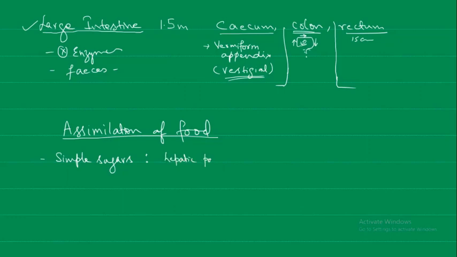The hepatic portal vein is a vein, right? Through this, most of the excess glucose enters the circulation and reaches the hepatic organ, the liver. The liver will convert the excess glucose into glycogen.